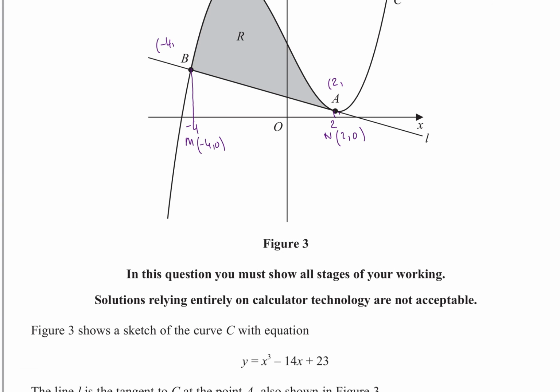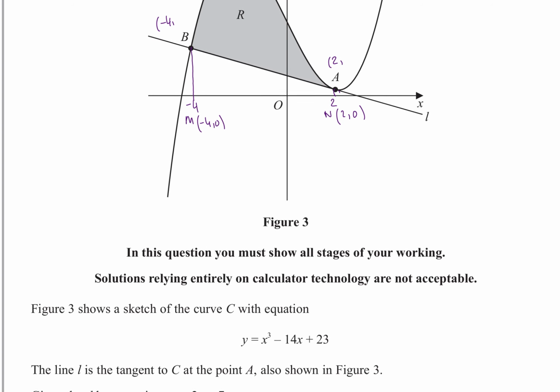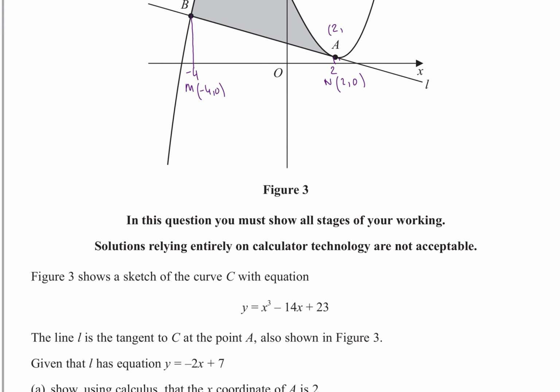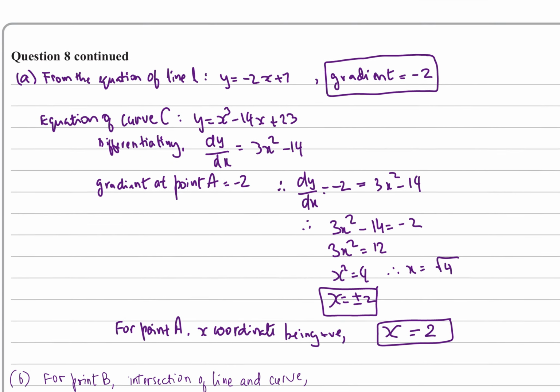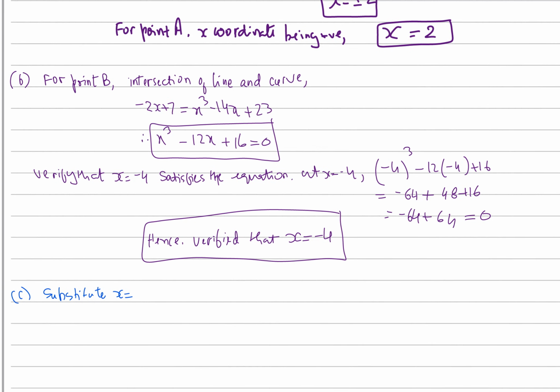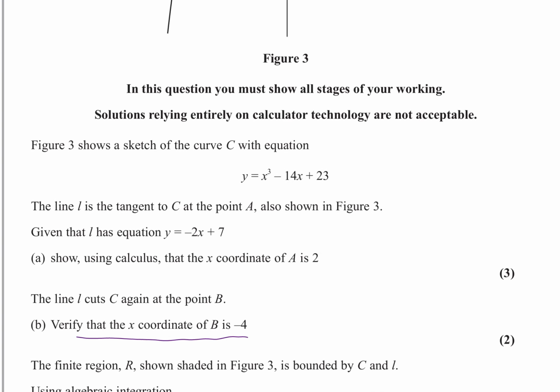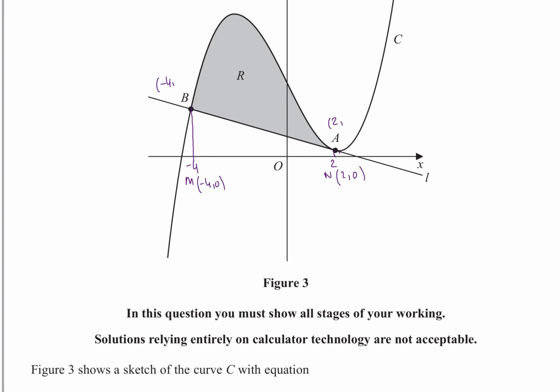So x is minus 4 and x is 2 in the equation of the line to find the y coordinates. Sorry to be scrolling up and down so many times.